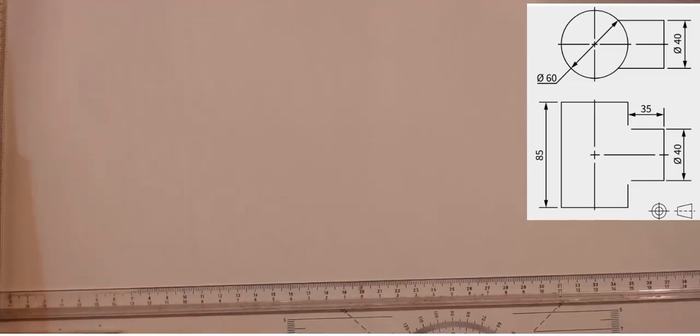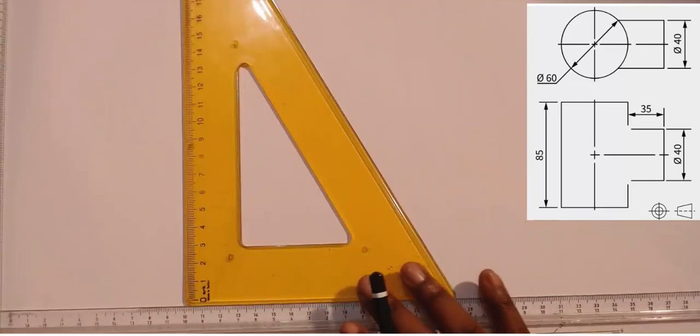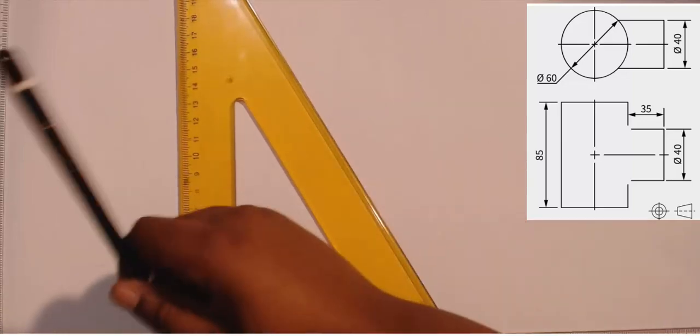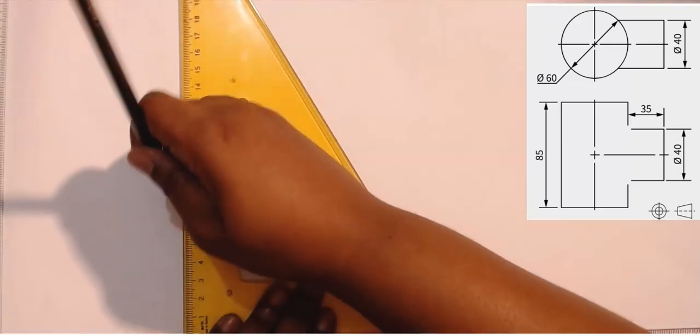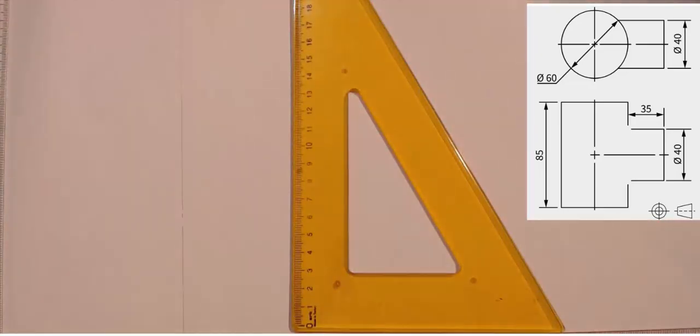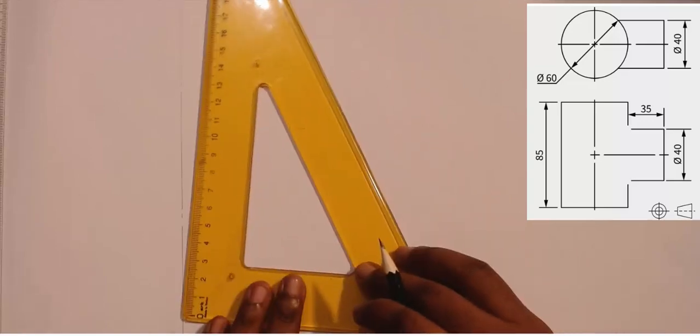So the first thing that we start with, center line. You guys know. Center line. The front view is 85, the height of it.